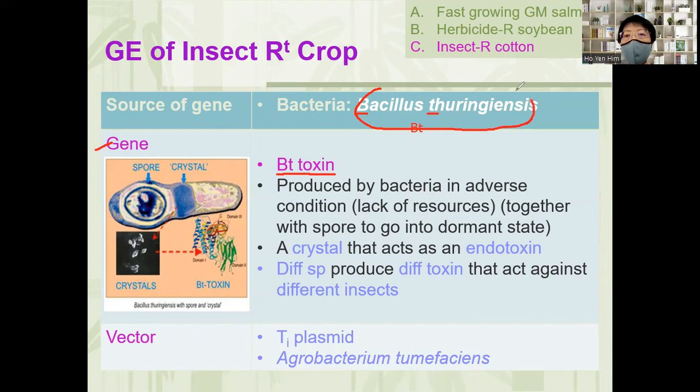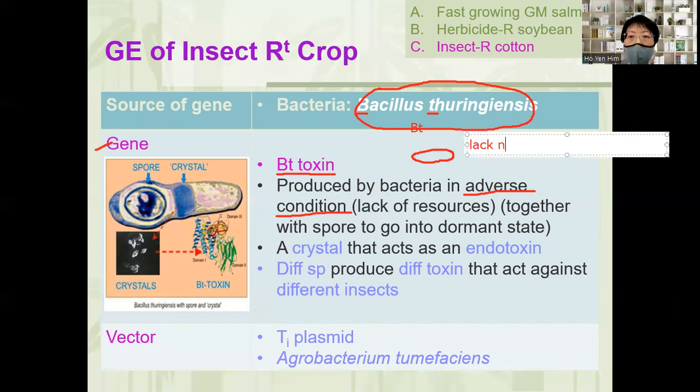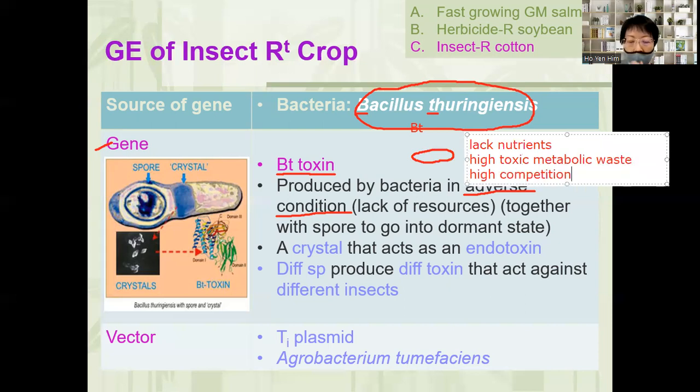This bacteria, Bacillus thuringiensis, will synthesize Bt toxin when the surrounding environment is in adverse condition. That means when the surrounding environment of this rod-shaped bacteria has got adverse condition, meaning lack of nutrients, high toxic metabolic waste, high competition with other bacteria.